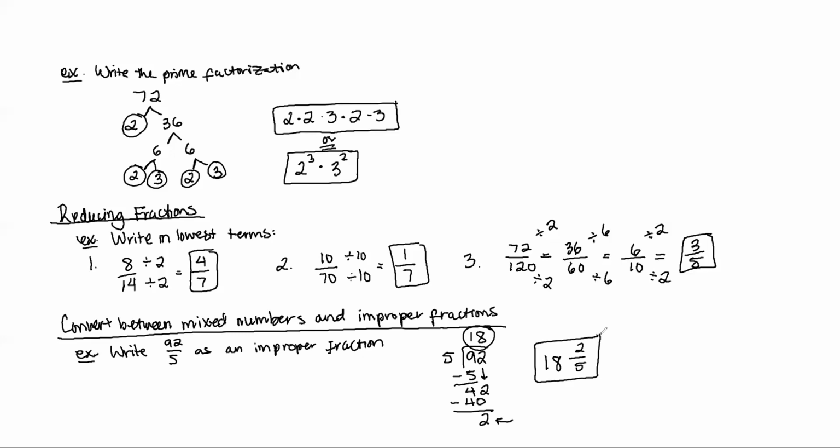So this is going to a mixed number. Now if we want to go the other way and convert a mixed number to an improper fraction, let's go ahead and try writing 11 2/3 as an improper fraction.